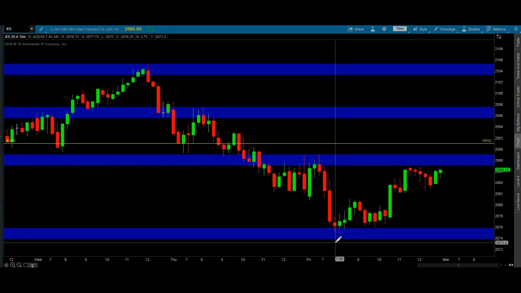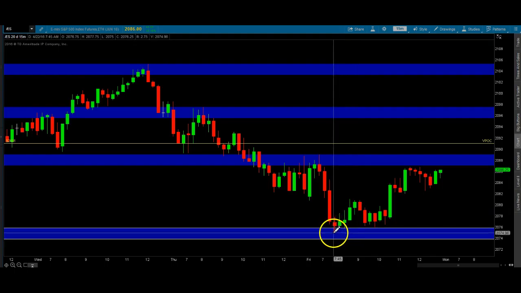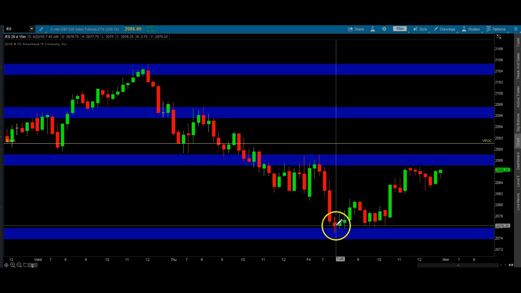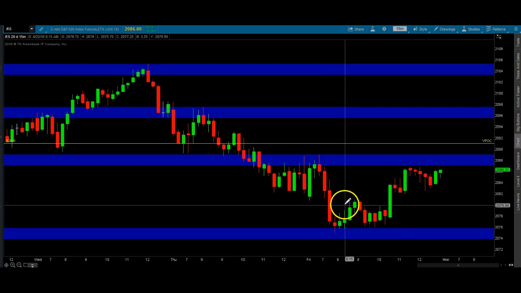Now, maybe you don't want to take that much risk, because that's $150 on one contract. Well, you could buy halfway in the zone. You could put your buy entry right in the middle of the zone, or you can even play the back of the zone. Here's the problem with those types of trades: you're not going to get as many trades.